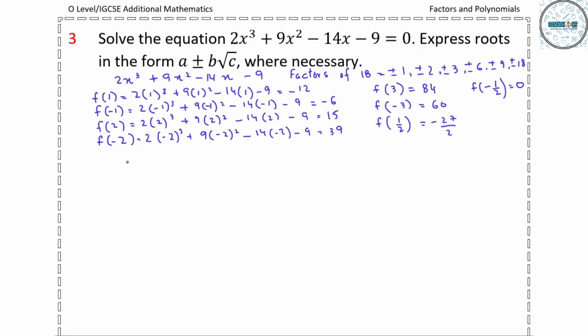So it means that the value of x is minus 1 upon 2, where we are getting 0. So we can find out the first factor. With the help of this, we'll multiply: x by 2 is equal to minus 1, then 2x plus 1 is the first factor.